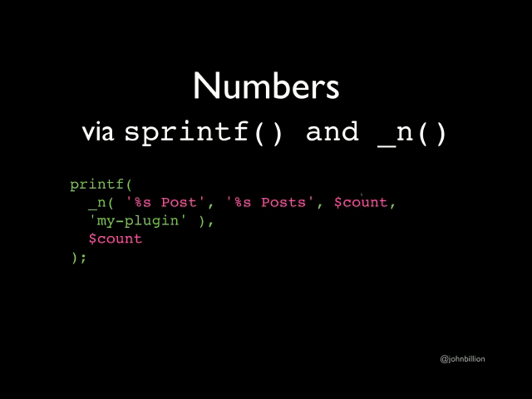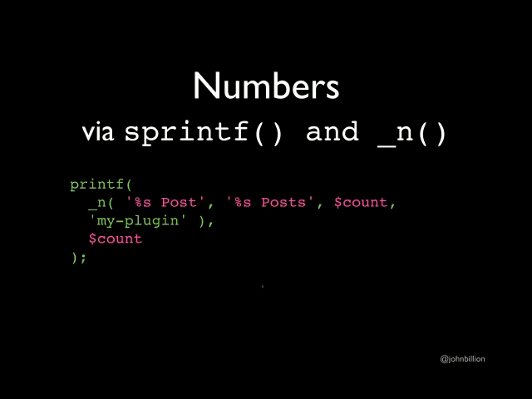Now, what underscore n does is you pass it a third parameter with a number, and underscore n will either return the first or the second parameter based on whether the value of count in this example is singular or plural. And it will also make those strings available for translation. So there'll be two strings here. We've got a %s post for the singular and %s posts for the plural. And at runtime, we use this. We pass in the count parameter into printf.